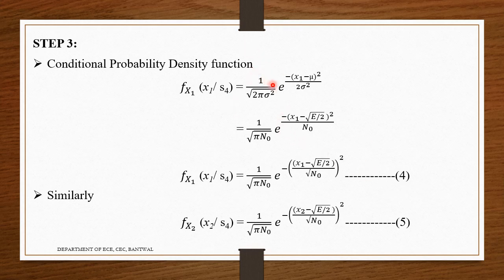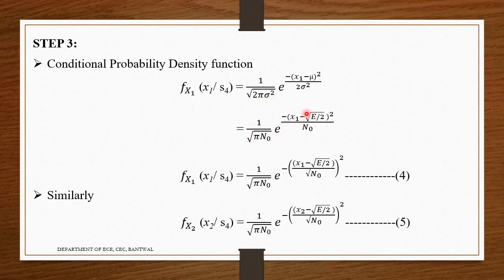So now 1 by square root of 2 pi sigma square, e into minus of x square. Before I used to use exponential, now I am using it directly: e to the minus of (x1 minus mu) the whole square divided by 2 sigma square, is equal to 1 by square root of pi N naught, because 2 pi sigma square is what? N naught by 2 here, the 2 and 2 get cancelled, leaving pi N naught.